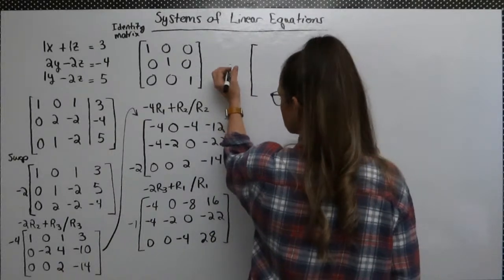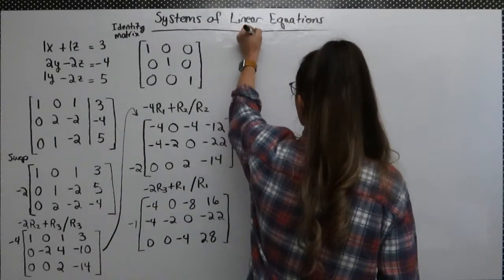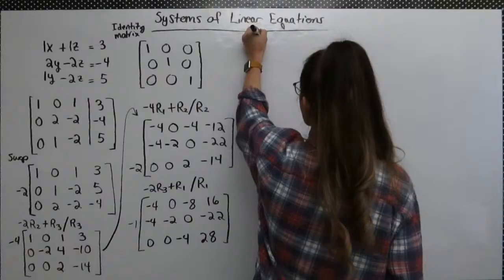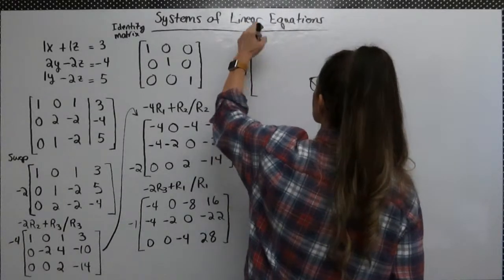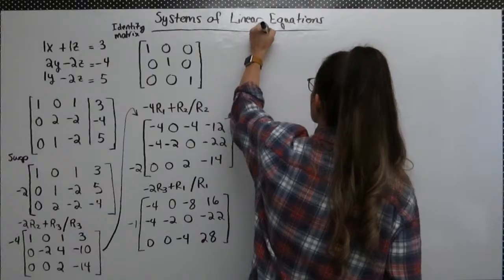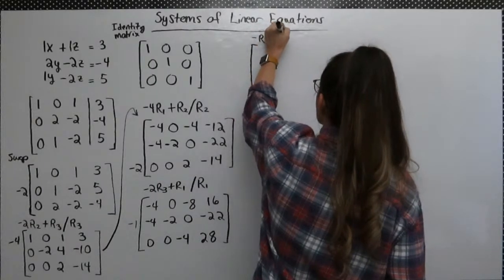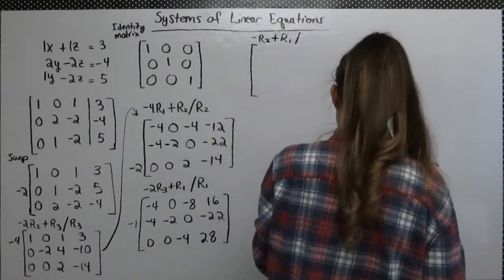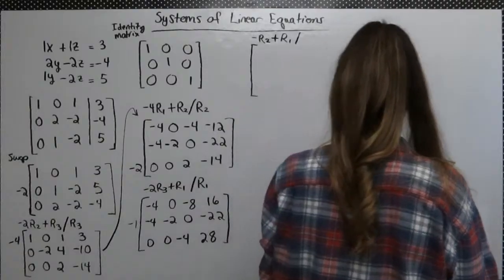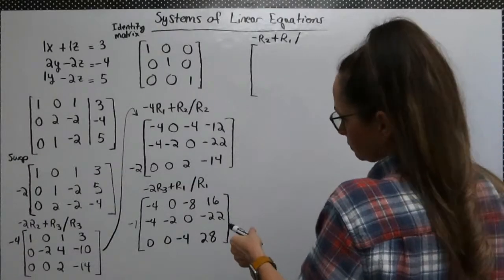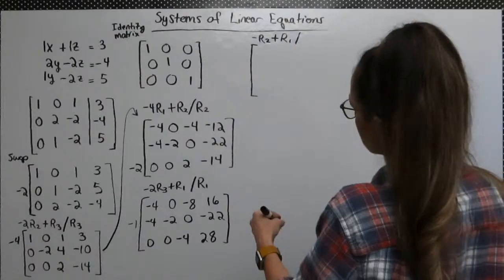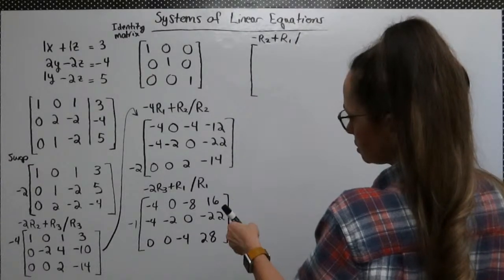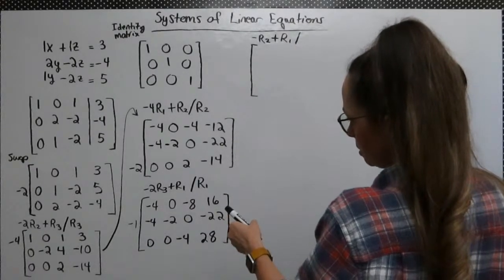All right. Negative 1 times row 2 plus row 1. And here's where I'm just trying to decide, do I want to replace row 1 or row 2? So just trying to do the math in my head real quick. So that's going to be 0.